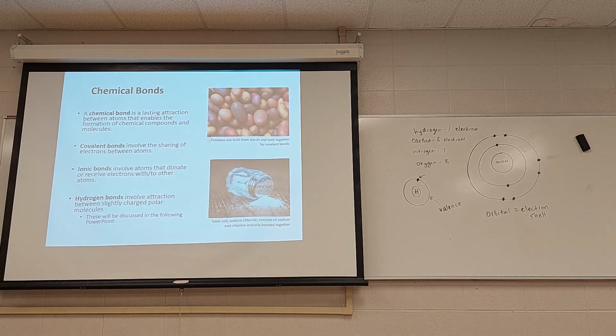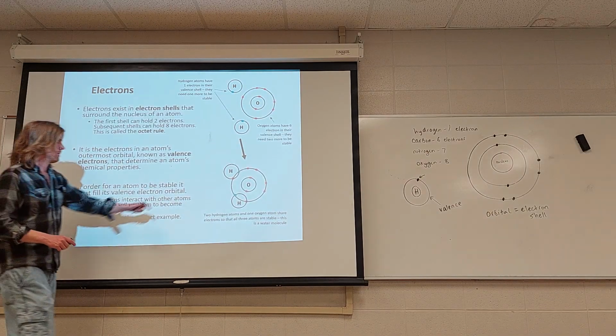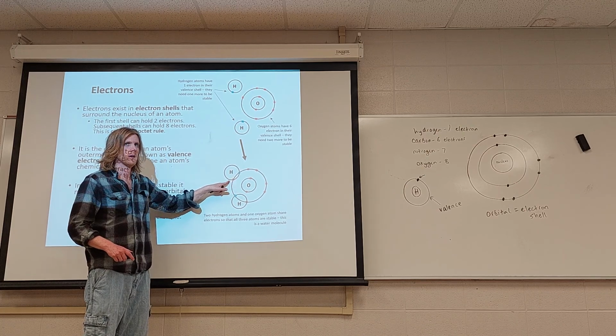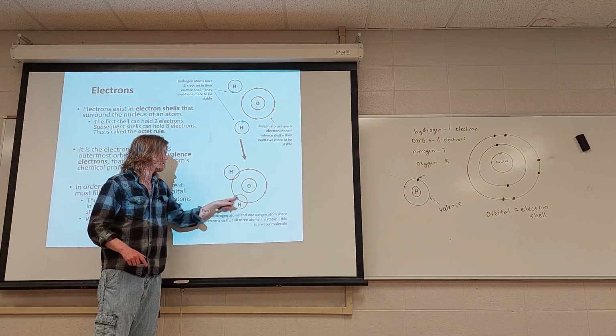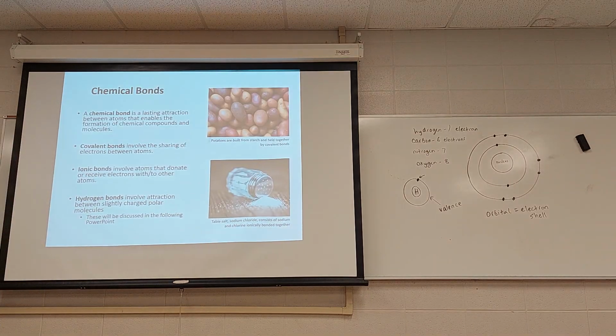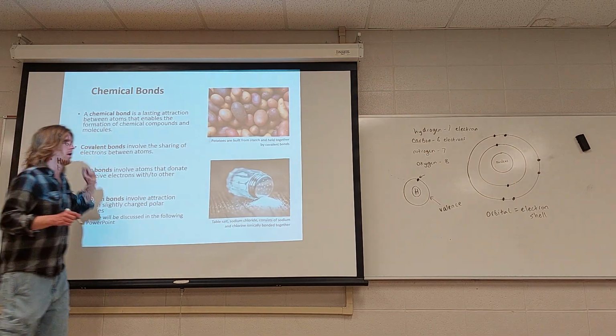Right? So if you look back, this electron counts towards hydrogen's outer shell, and it counts towards oxygen. It's being shared. So chemical bond is lasting attraction, covalent is sharing.